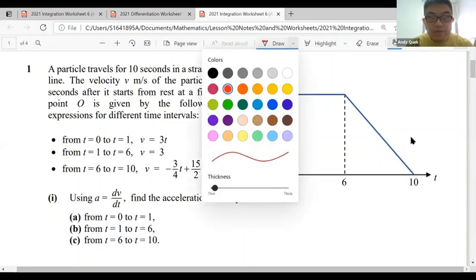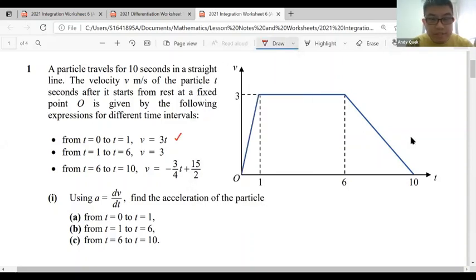The middle one is obvious because v is equal to 3 and stays constant throughout the time interval. For the first and the last, you need to first determine the gradient and then use y equals mx plus c with one of the coordinates.